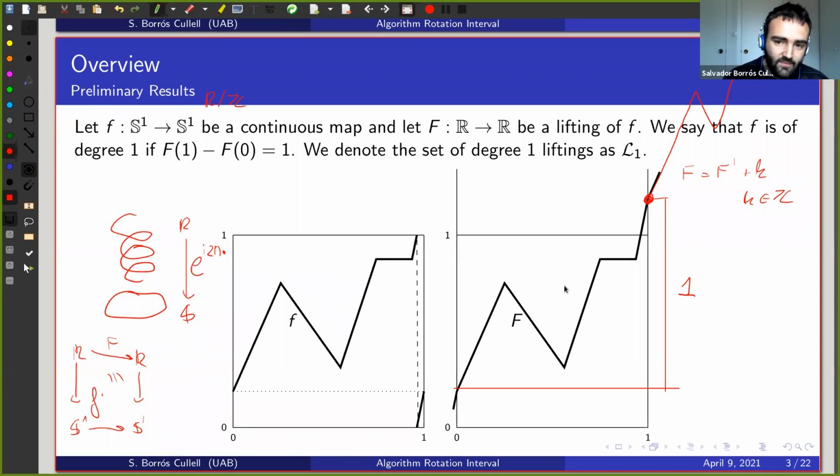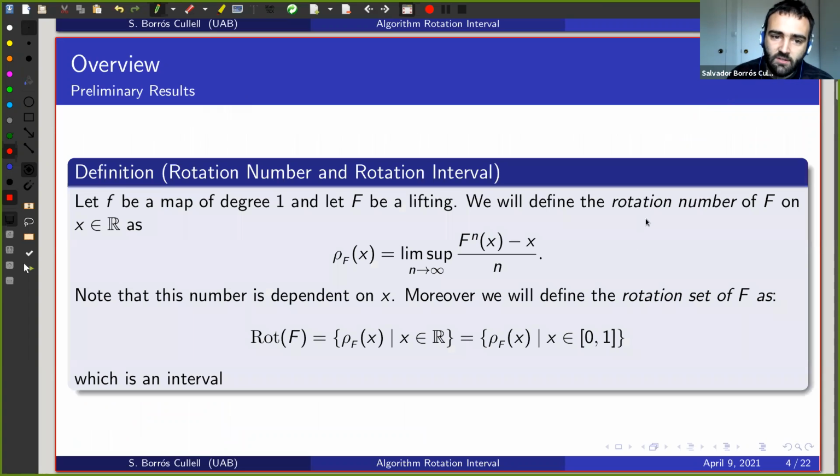So now we have maps in the circle. What about the rotation number? If we have a lifting of a map of degree 1, we will define the rotation number of F on a single point. That's important. The rotation number a priori depends not only on the point, but also on the map, as this limsup of F^n on this.